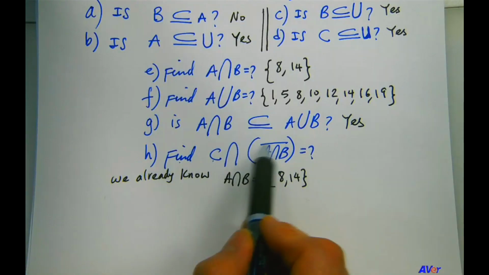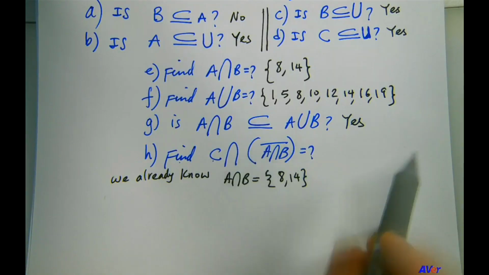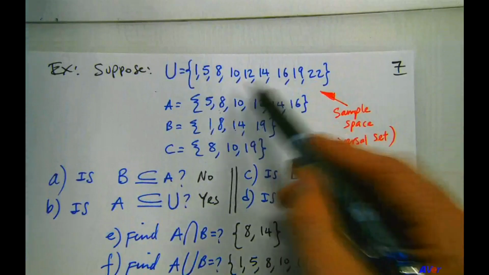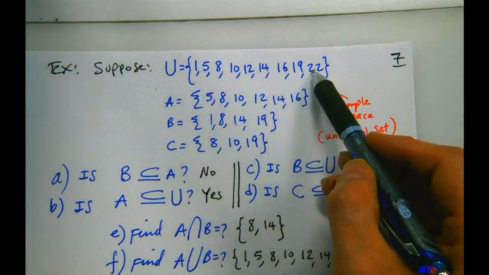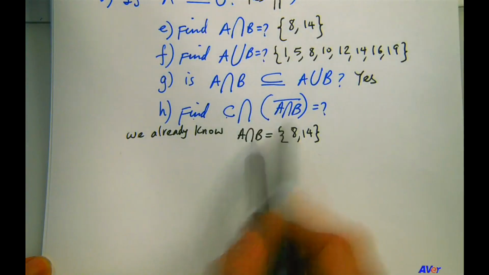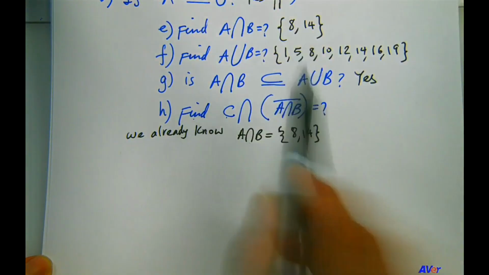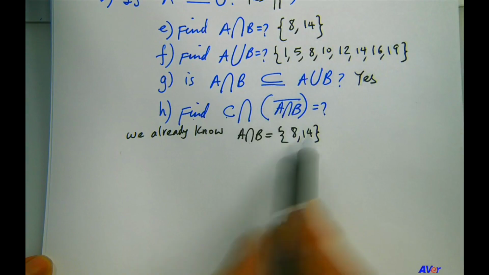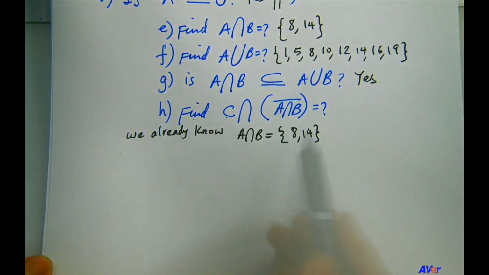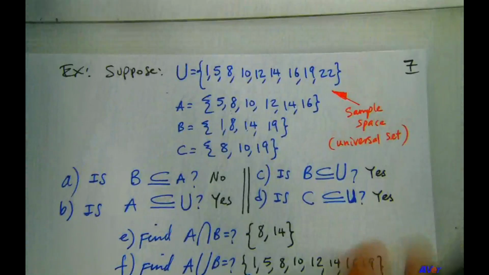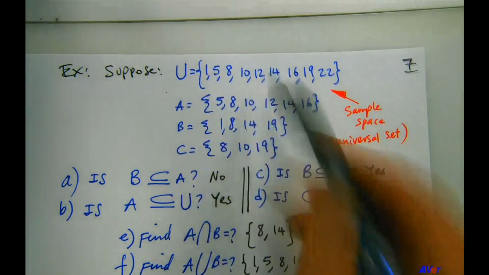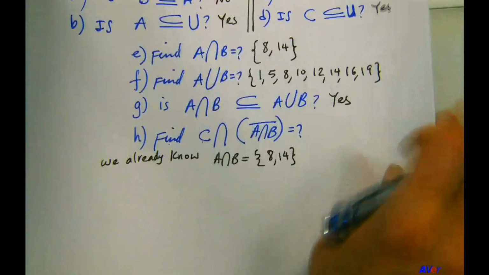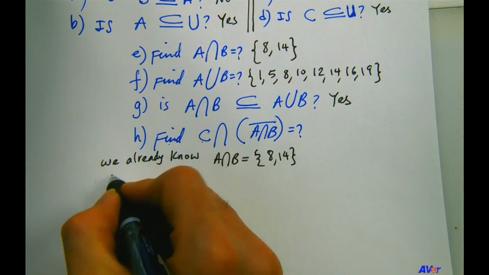So A intersection B bar is anything that is part of the universal set, but not part of A intersection B. So 8 and 14 need to be excluded. Everything else in the sample space should be included. So I'm going to write it down. So we already know that.